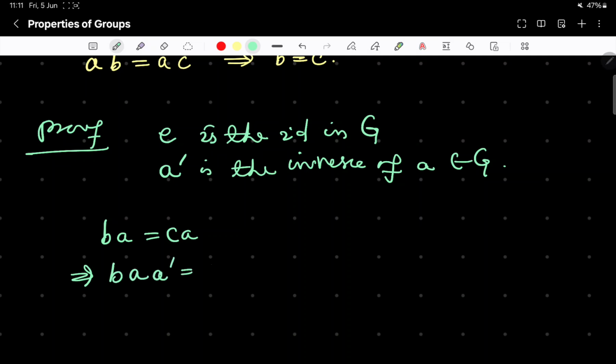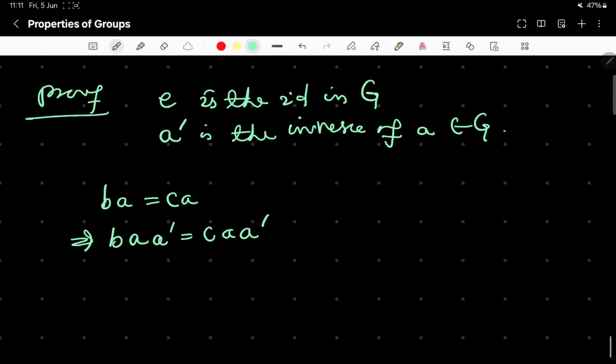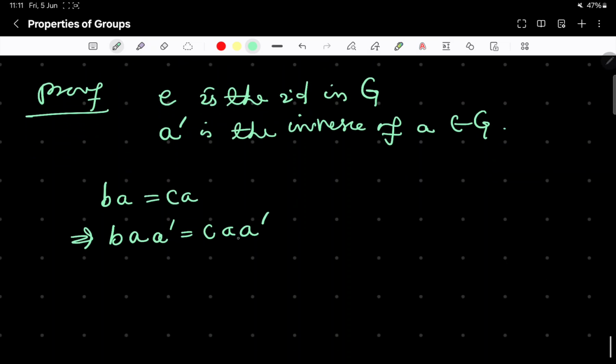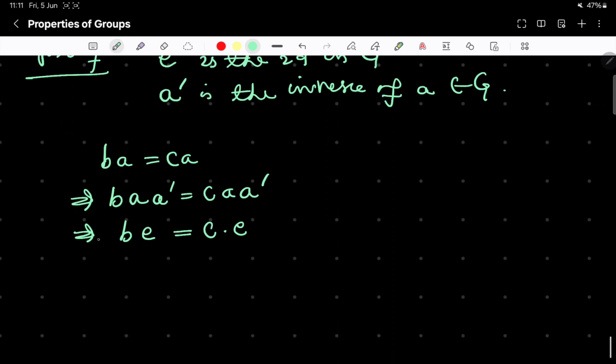So what you get is, right, now A dash being the inverse of A, you can make A A dash into E. So B E equals C E. Now you can see that anything multiplied by E is the same number.